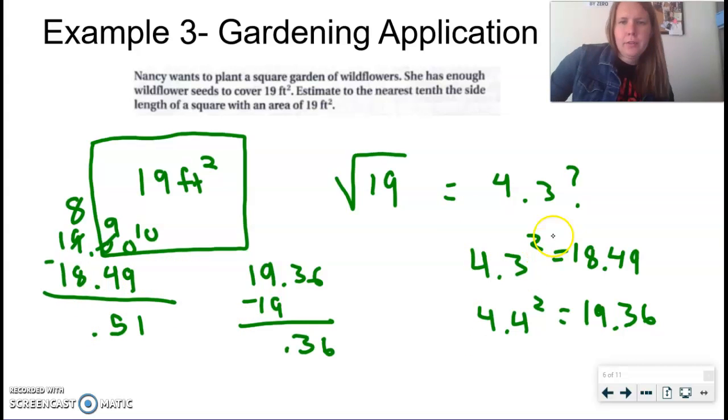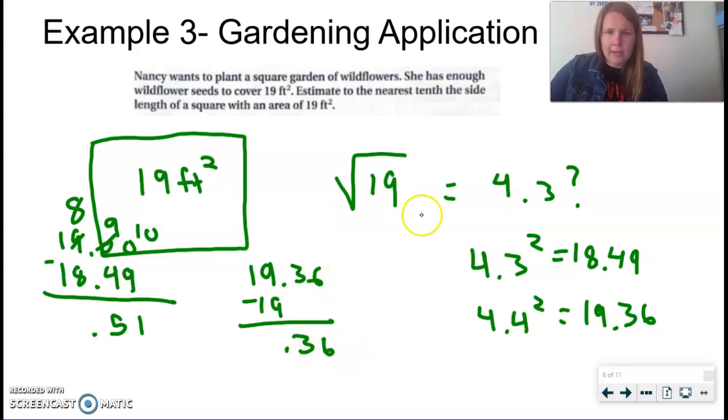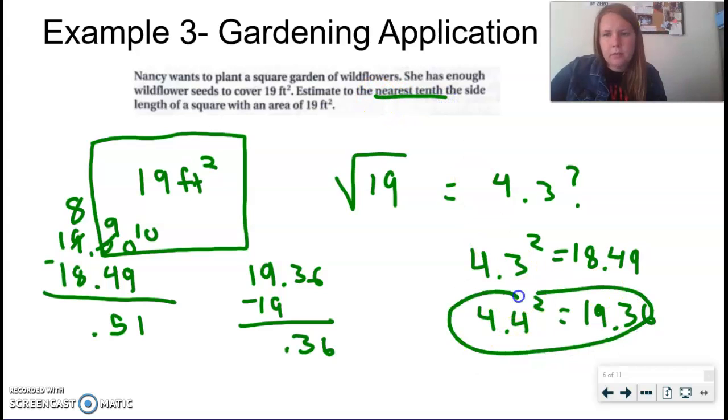So for my calculation, 18.49 is 0.51 away from 19, and 19.36 is only 0.36 away from 19. So my closest answer, because they're asking me to the nearest tenth, is going to be this one, which is then, remember, we don't need that square, so your answer would be 4.4.